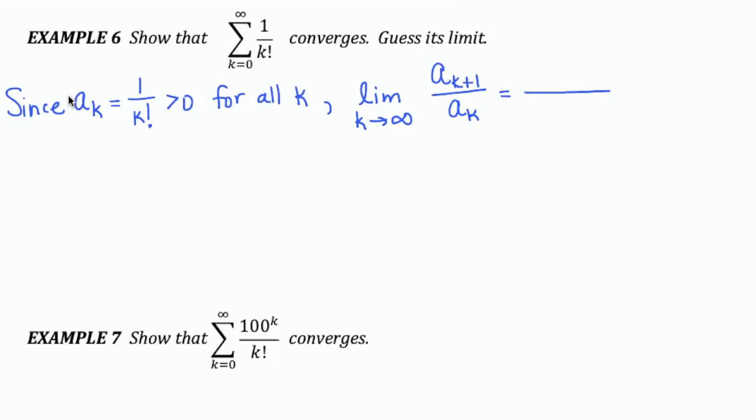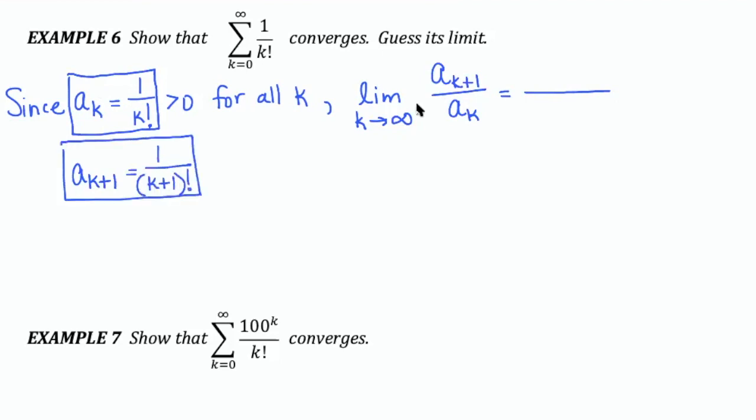So I go back over here and replace k with k plus 1. I do that on the left and on the right. So my numerator will be 1 over k plus 1 factorial, and my denominator will be just a sub k, which is 1 over k factorial.